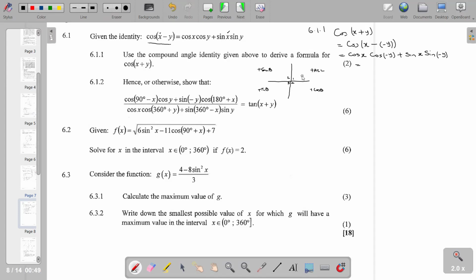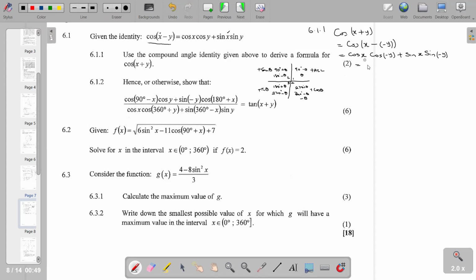Then in the first quadrant, we expect angles like theta and 90 degrees minus theta. Here we expect 90 degrees plus theta and 180 degrees minus theta. Here we expect 180 degrees plus theta and 270 degrees minus theta. Here we expect 270 degrees plus theta and also 360 degrees minus theta, and also a negative angle, a negative theta.